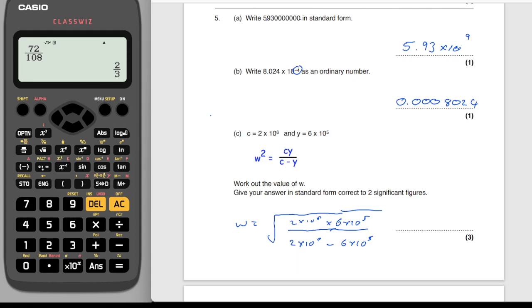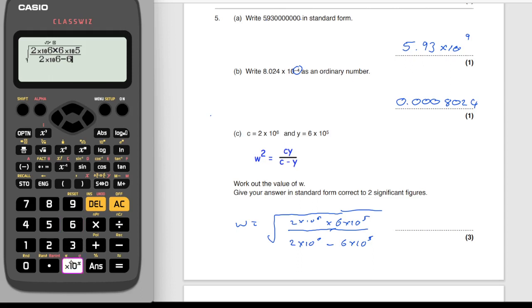And I would just type it into my calculator like that. Provided I type that in correctly, there's nothing wrong with that as a format. So square root of a fraction. Type it in using standard index form: 2 times 10 to the 6 times 6 times 10 to the 5, using the times 10 to the power button. And I want to divide that by 2 times 10 to the 6 minus 6 times 10 to the 5.